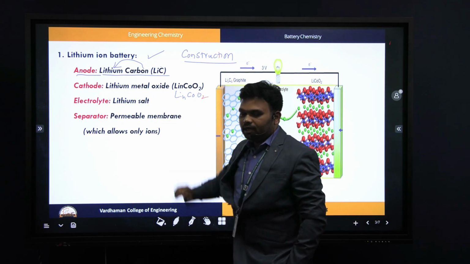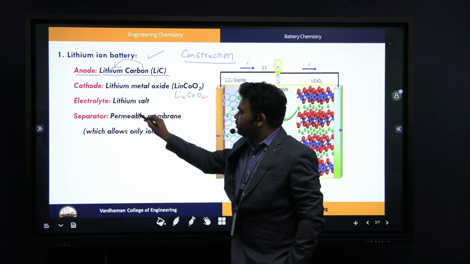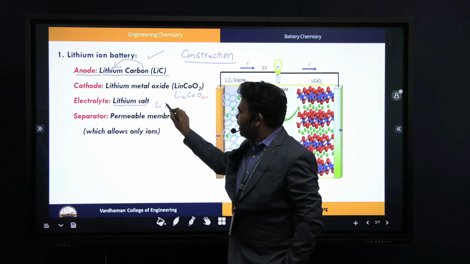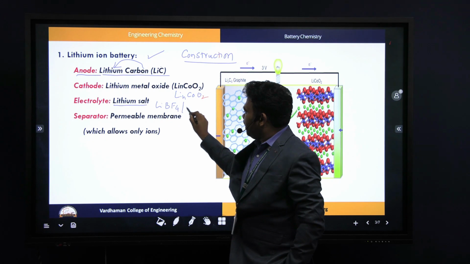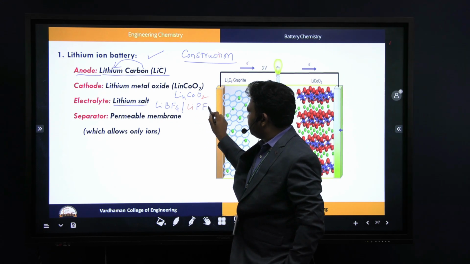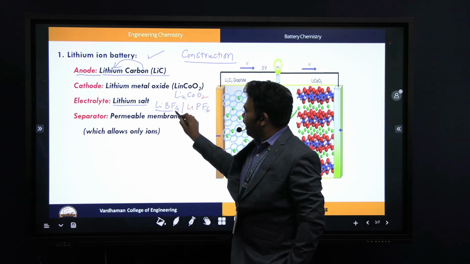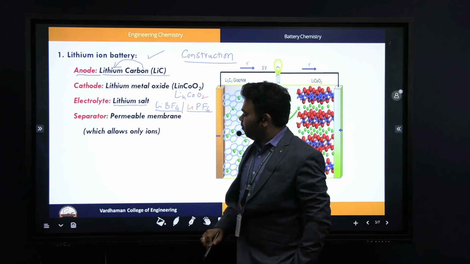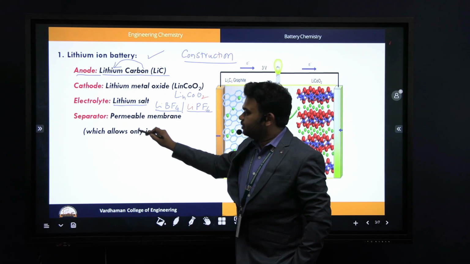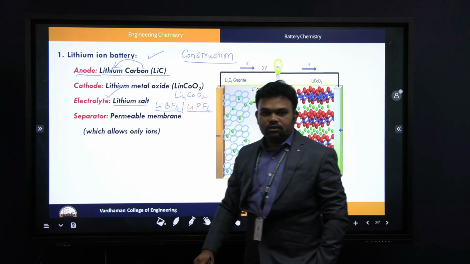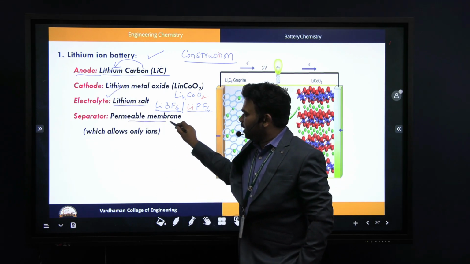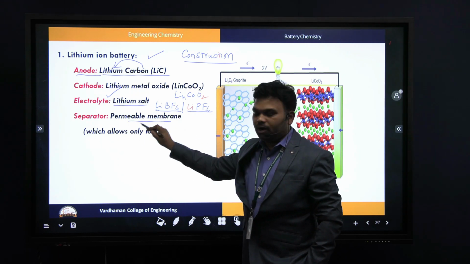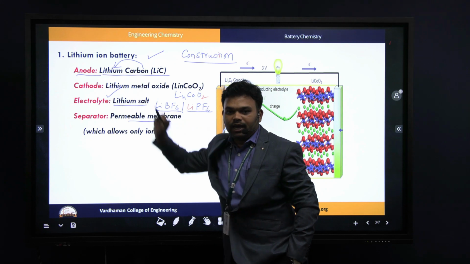The electrolytic solution is a lithium salt, for example LiBF4 or LiPF6, that is lithium tetrafluoroborate or lithium hexafluorophosphate. The separator is a semi-permeable membrane which separates the anodic area and the cathodic area.